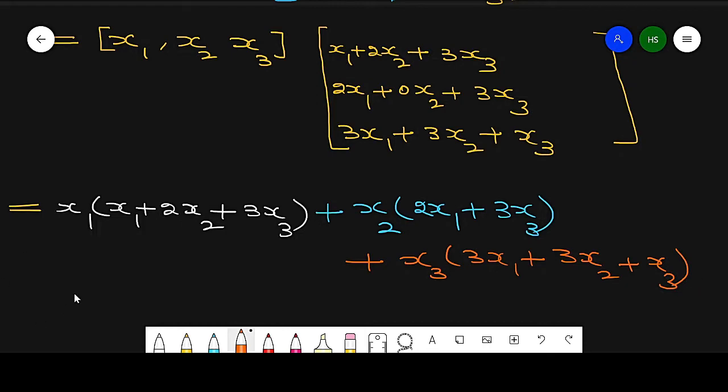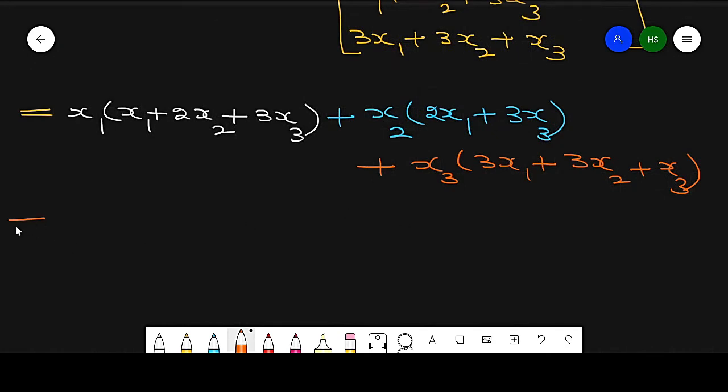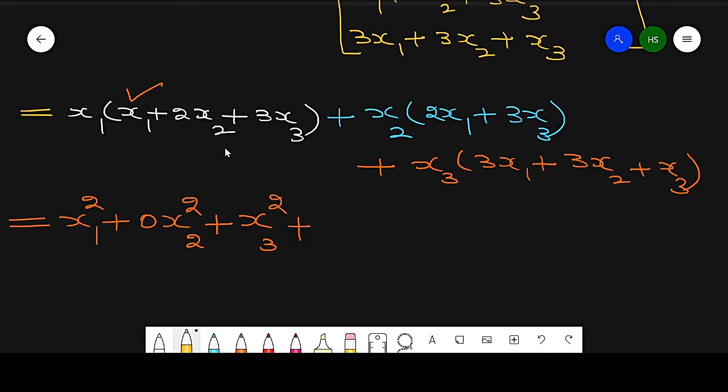So first find the coefficients of x1 square and x2 square. This will be x1 square from this, plus x2 square, here it is 0, so plus 0 x2 square, plus x3 square, which is 1 x3 square. Now x1x2 from this and from this, 2 plus 2, 4 x1 x2.